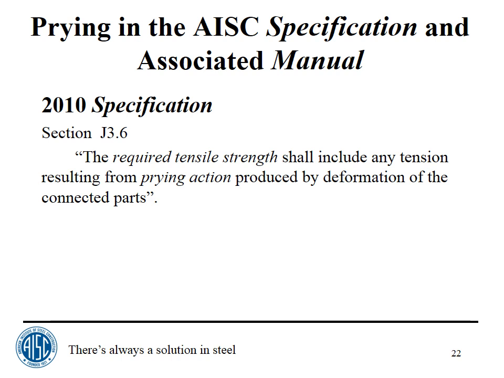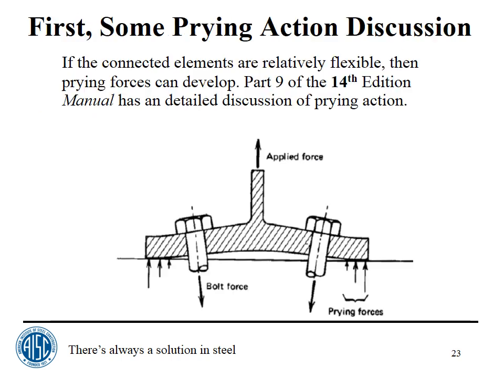If you go all the way back to the 6th edition, which was like 1960 or 61, there was nothing in the specification at all on prying action, but the commentary mentioned it. And in the 7th edition, what was in the commentary was put in the specification. And since then, every specification since the 7th has had something in it about prying action, mostly pretty much similar to what you see here.